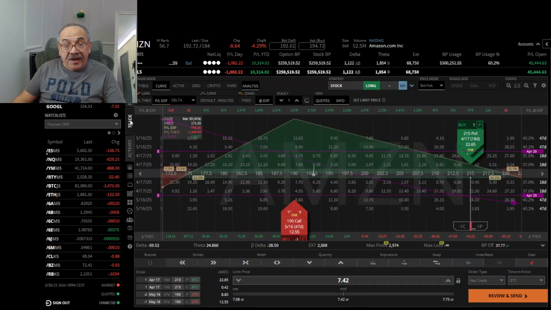The third way how I usually do that, probably I'm not going to do it now because it is time to roll our existing 18 days till expiration position.